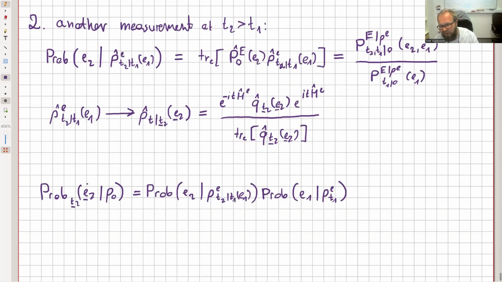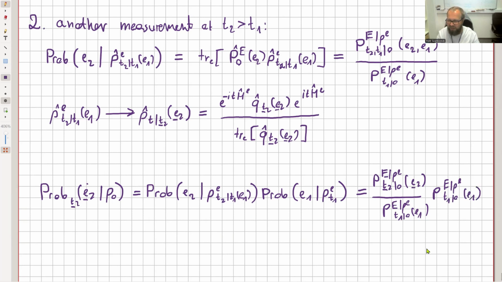Okay, which once you do the math, turns into P E rho E T2 0 E2 divided by P E rho E T1 E1. So this is this conditional probability for E2 times P E rho E T1 0 E1.